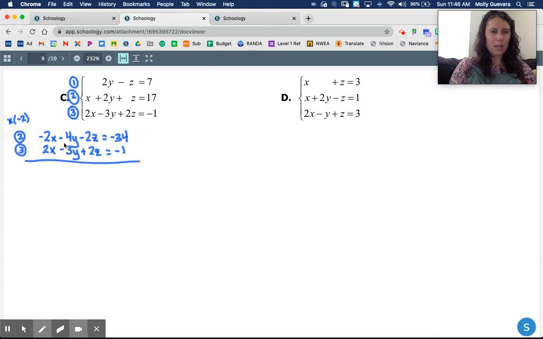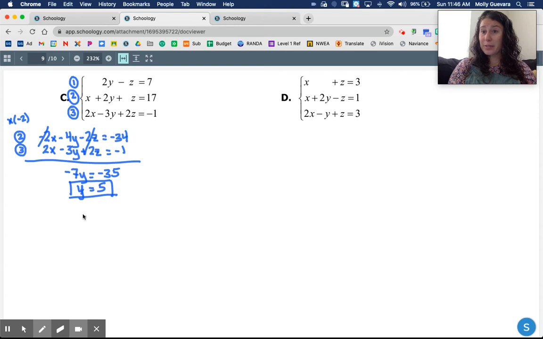Okay, and let's add. So my x's eliminate, and my y's also eliminate, which is very exciting. And so I get -7y equals -35, so y is equal to 5. I didn't even get an equation 4.